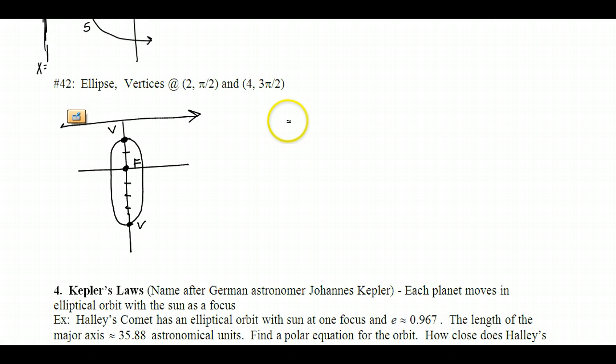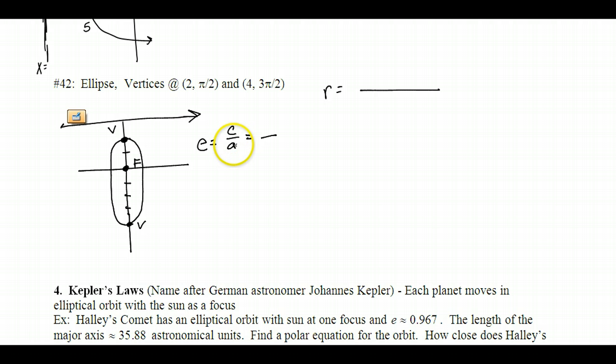Well, we have a couple things that we have to figure out in this situation. When we write our equation, so we have r is equal to, we need our eccentricity. Well, we know that that's equal to c divided by a. And in this situation, to calculate c, remember, c is the distance from your center to your foci.